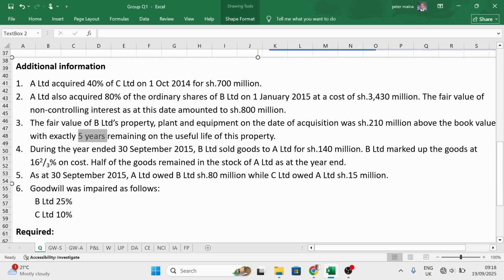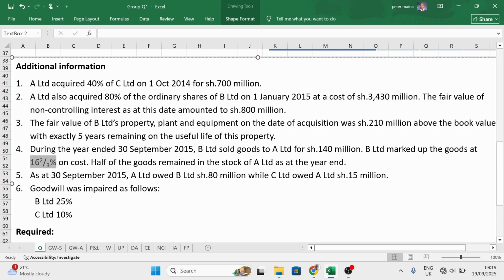Then in point number 4, you are told during the year ended 30th September 2015, B Limited sold goods to A Limited for 140 million. B Limited marked up the goods at 16 2/3% on cost. Half of the goods remained in the stock of A Limited as at the year end.